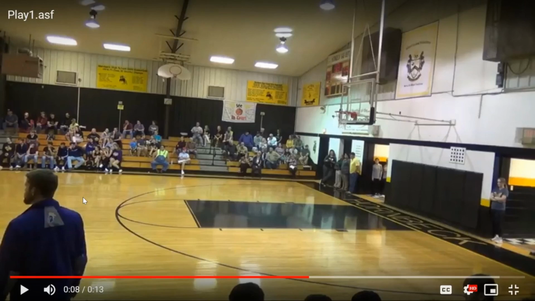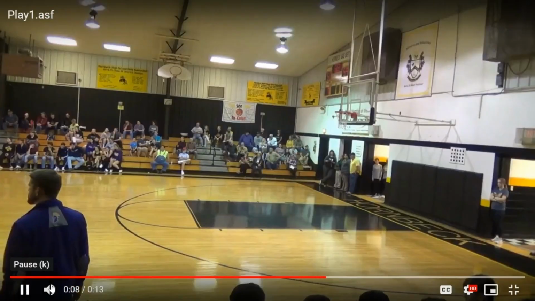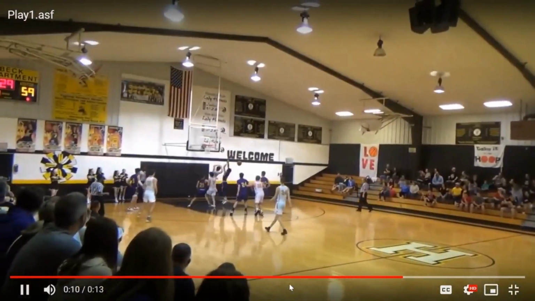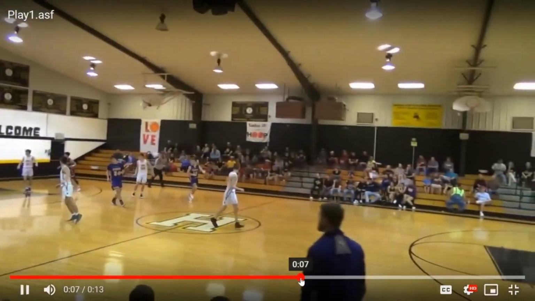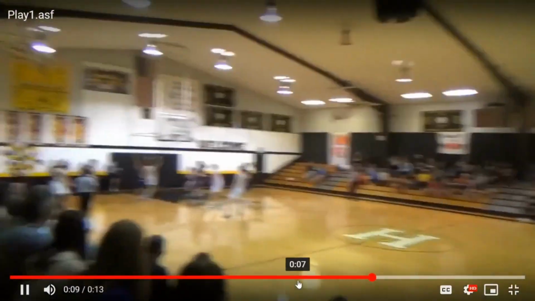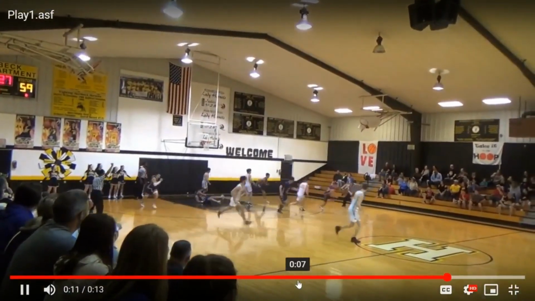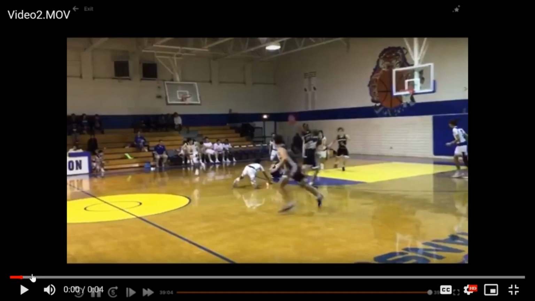In the first play, let's referee the shooter after he releases the ball. Now let's take a look at play 2.